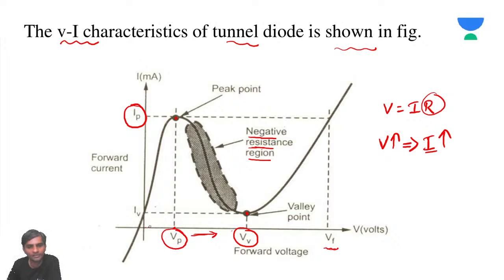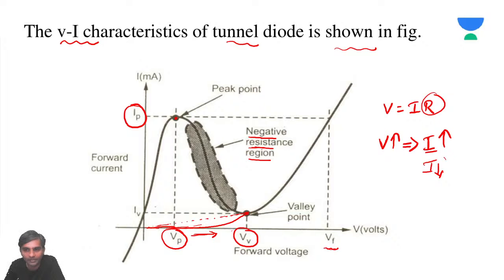So how does the normal PN junction behave, sir? The normal PN junction behaves like this. This red line represents the normal PN junction diode behavior. Now, as the voltage is increasing, the current is decreasing.